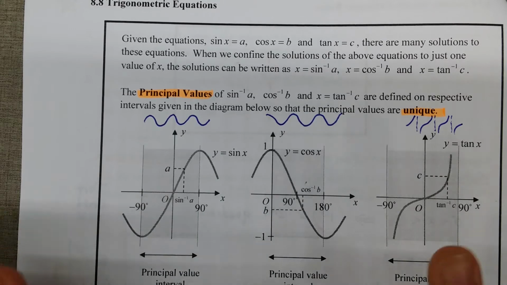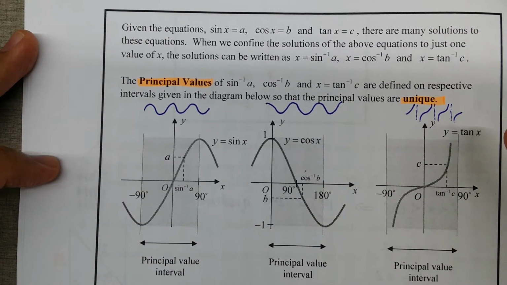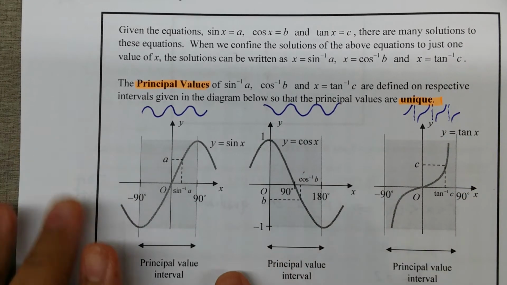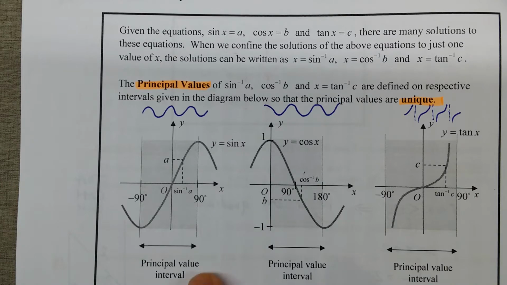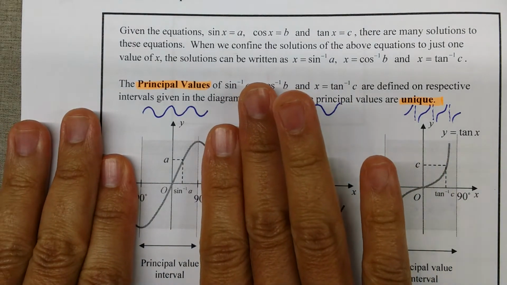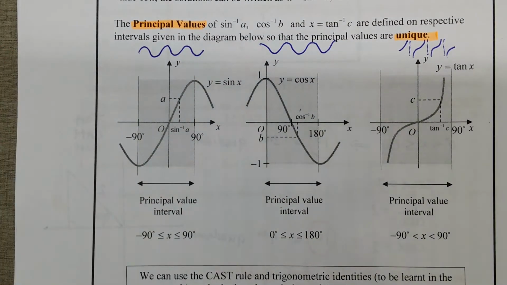So for this part of the topic, I will teach you where the principal value interval is. The principal value interval for the sine graph is between negative 90 and 90. You have to know this.